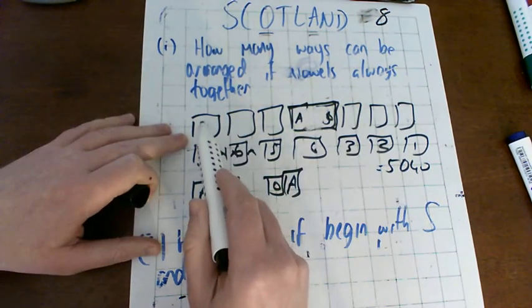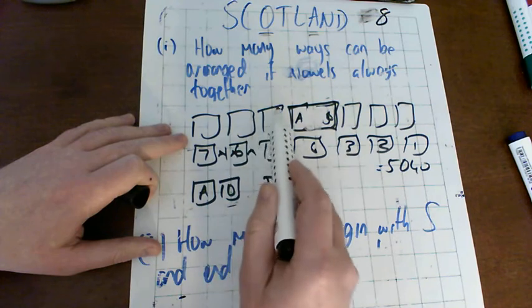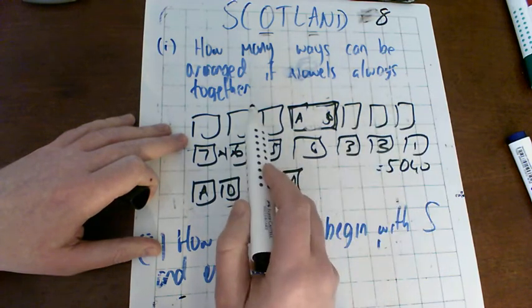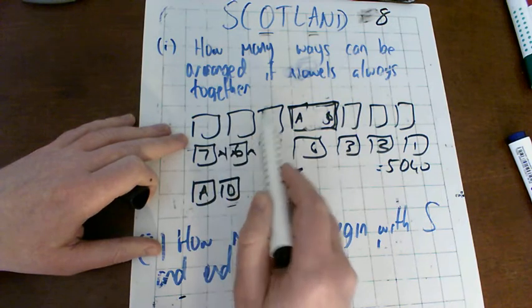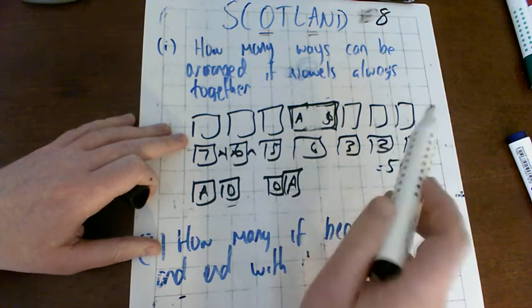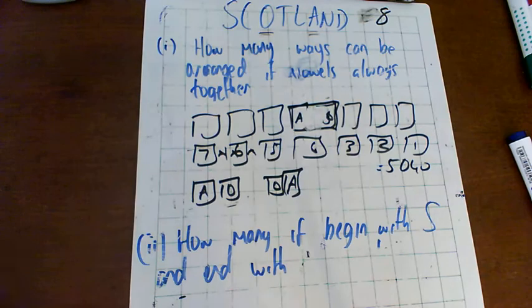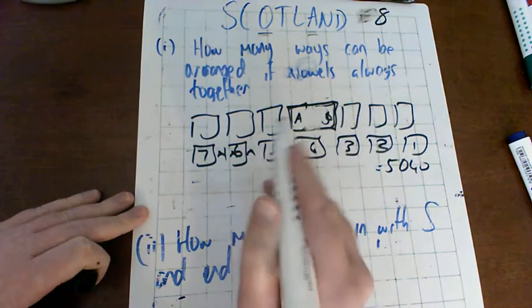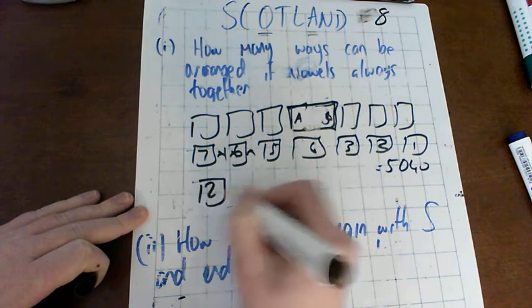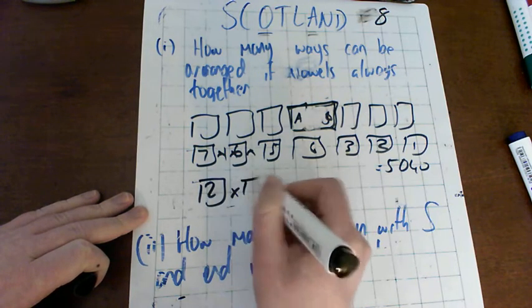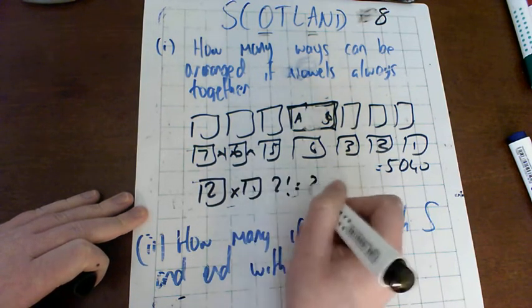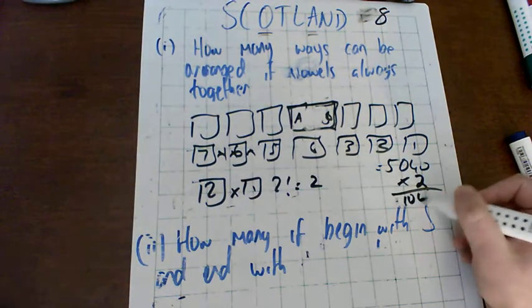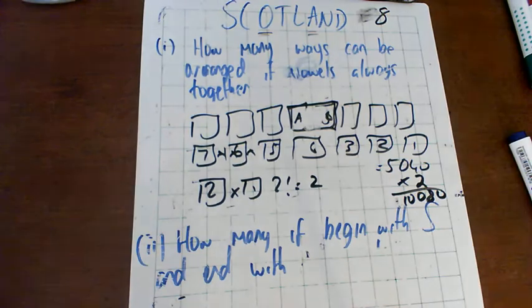Say it was A, O, S, C, T, L, N, D. Another combination could be O, A, S, C, T, L, N, D. So for each of the combinations, there's 2 more. So if there's 2 things put together, the first box can be filled 2 ways, the second box 1 way, or 2 factorial, which is just 2. So multiply that by 2. And that is 10,080 ways.